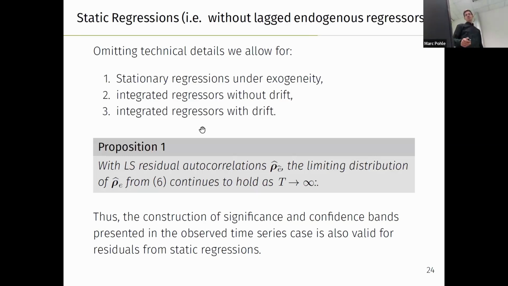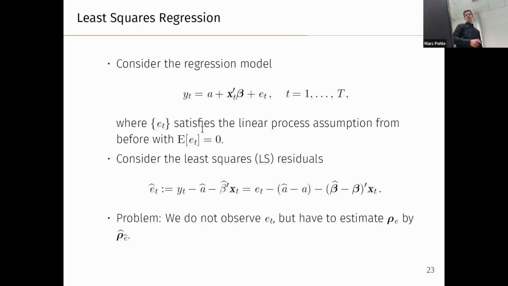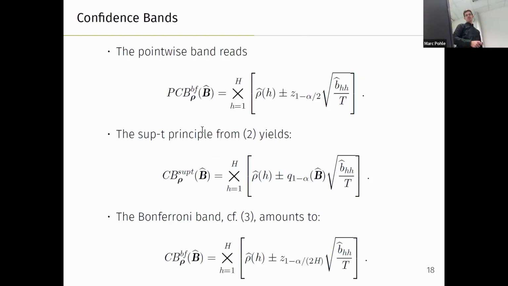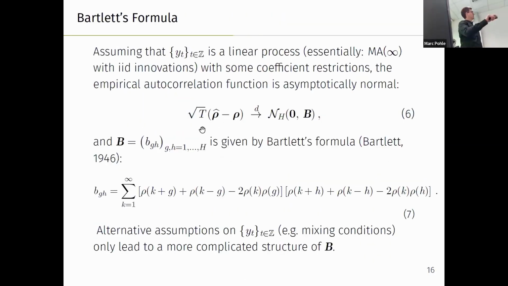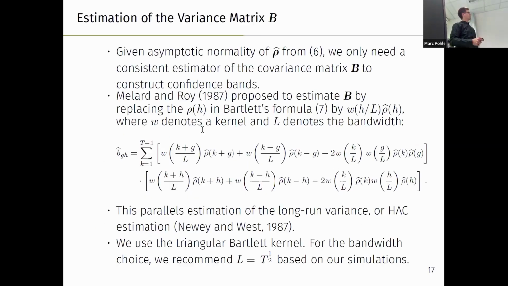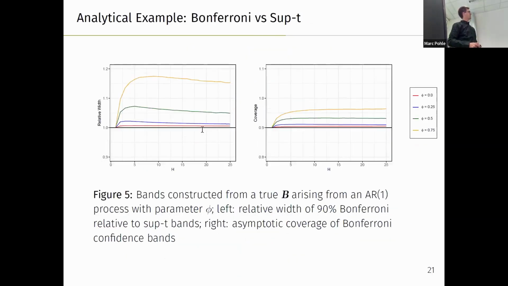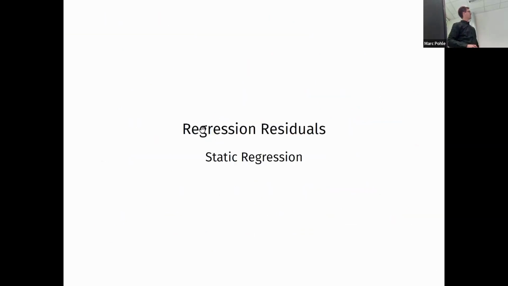So the Bartlett limiting result goes through with the same variance matrix. So I won't talk about static regressions anymore.